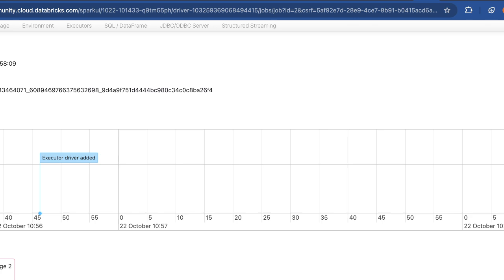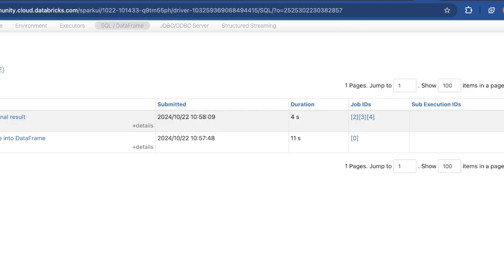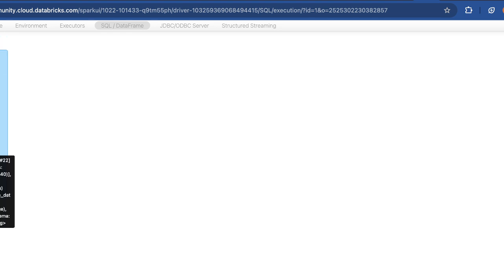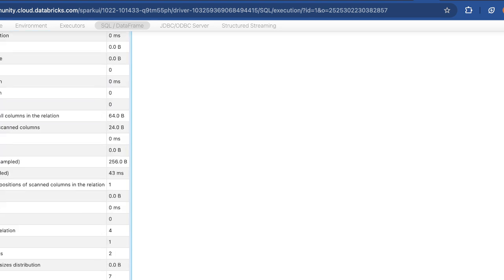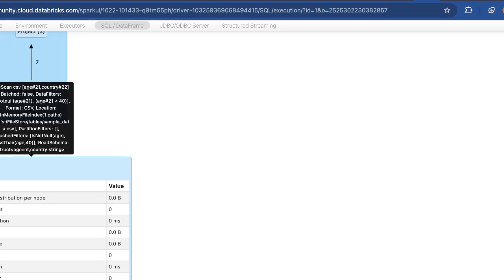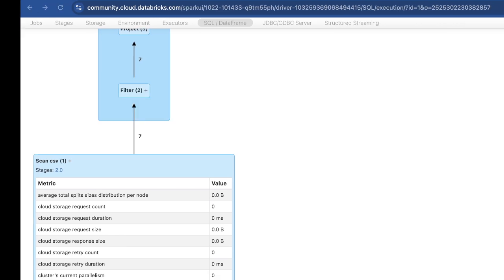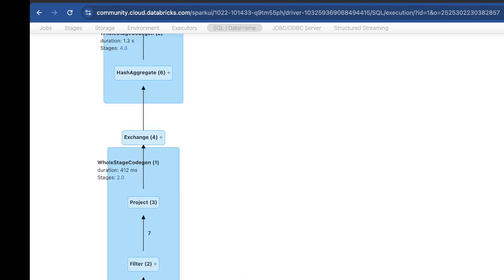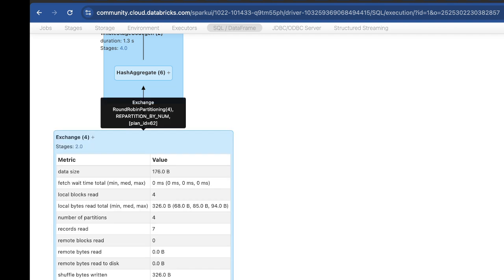Let me quickly go to the SQL query, DataFrame 234, and look at the second stage first. In the second stage, the scan has happened, the filtration happened, and on the same stage the exchange has happened.